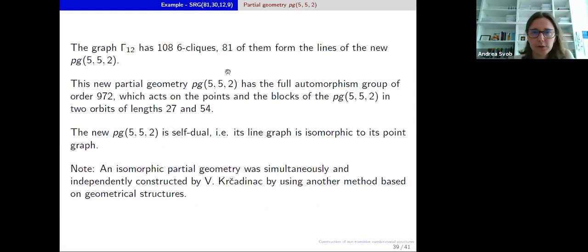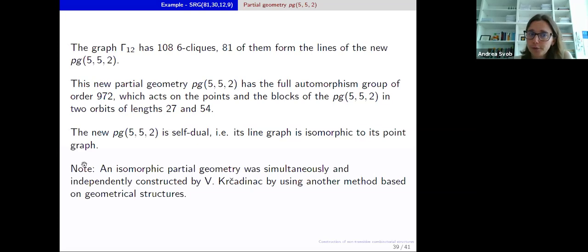The full automorphism group of this partial geometry is of order 972. This group acts non-transitively, in 2 orbits of size 27 and 54. And this new geometry is self-dual, which means that point graphs and line graphs are mutually isomorphic.